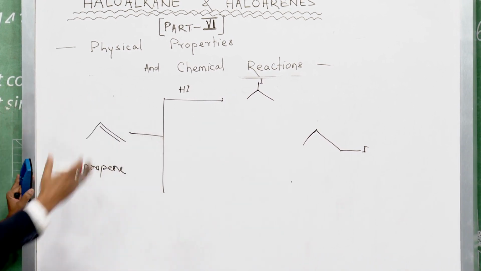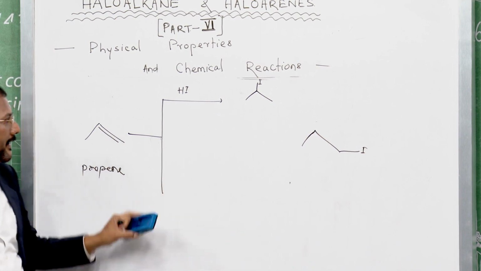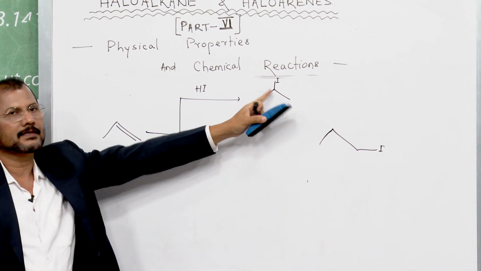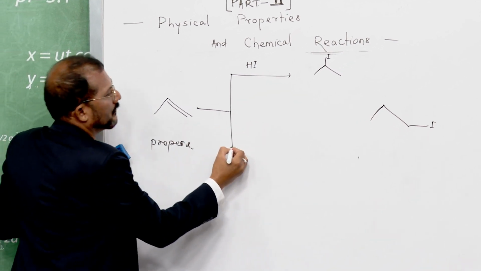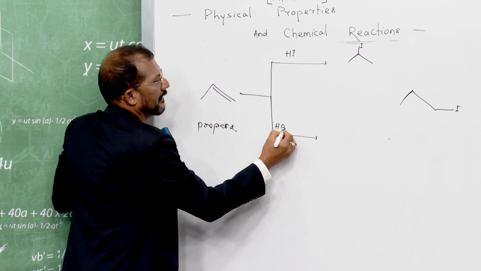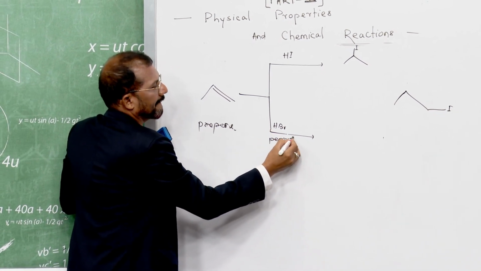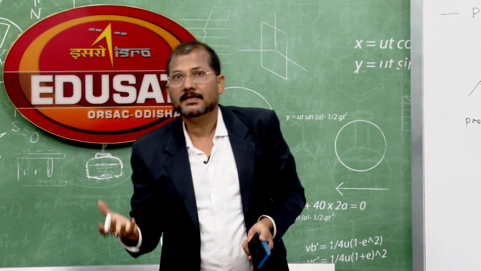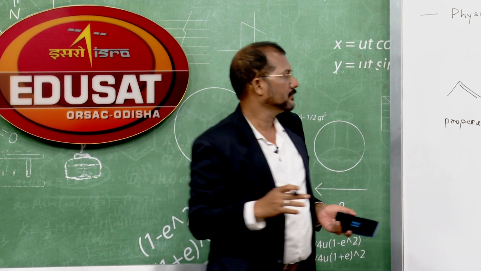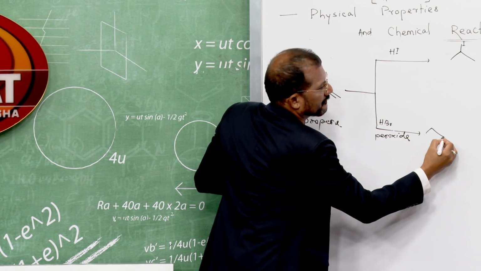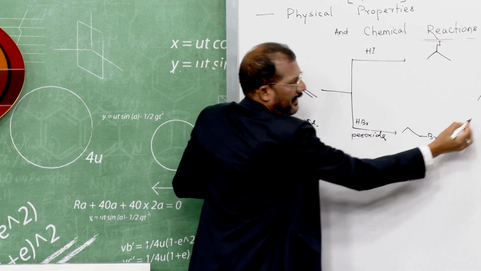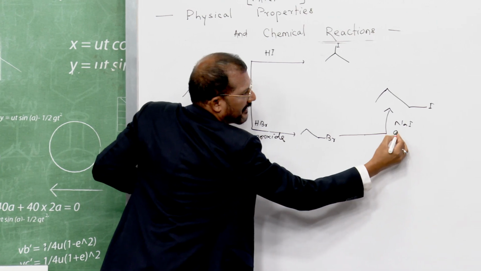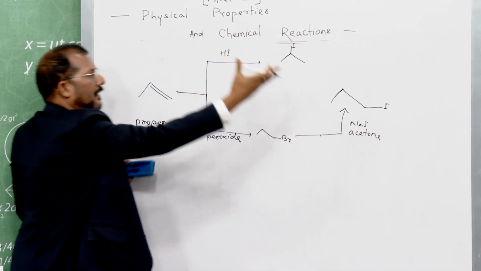But we want it there. So, we treat with HBr in the presence of peroxide. Remember, HBr in the presence of peroxide gives a product opposite to Markovnikov's rule. So, this will be the product. This can then be easily converted by the Finkelstein reaction, by treating with sodium iodide in the presence of acetone. So, this is the conversion.